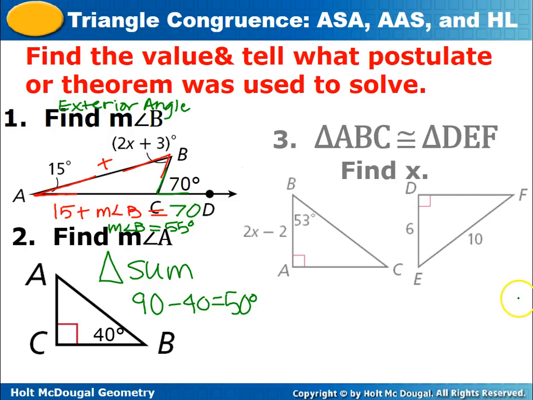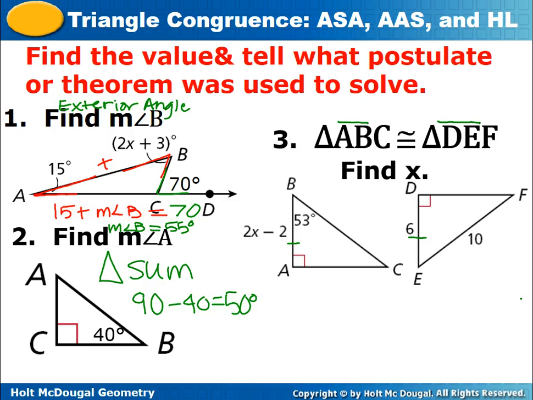The third problem that we went over here was finding x when we already have that triangle ABC is congruent with triangle DEF. Once again, you should notice here that AB maps to DE. And if that's the case, and it is, then we can put tick marks on these sides. And that means that corresponding parts of these congruent triangles are congruent.